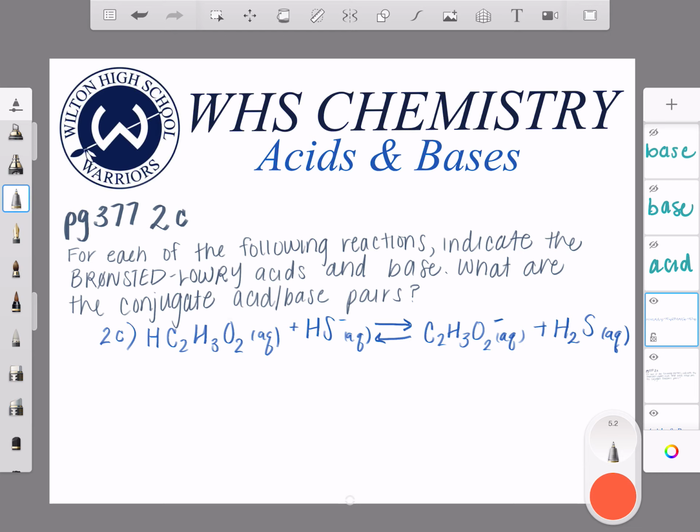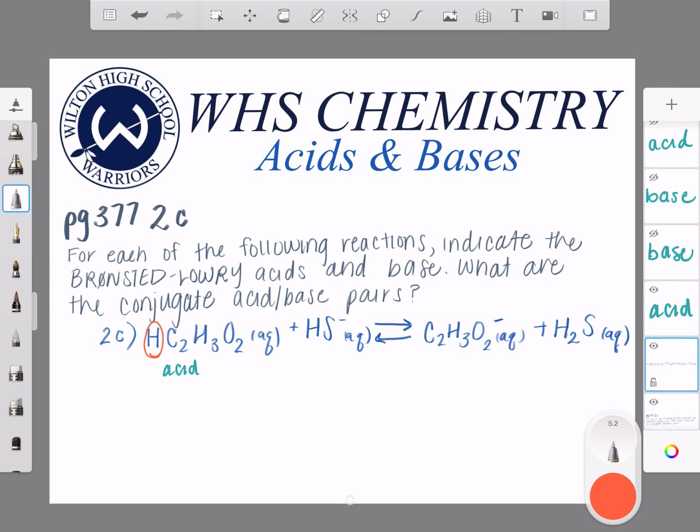So looking at this reaction, we know that the HC2H3O2 is an acid because of this hydrogen here. It can donate, so that would make it a Bronsted-Lowry acid because it has the ability to donate the hydrogen ion.